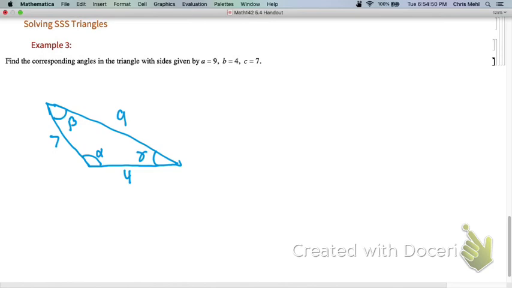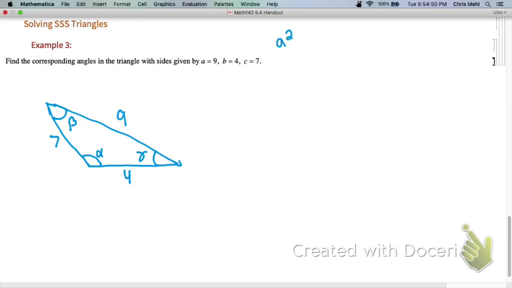Okay, so the formula for cosine of the angle alpha is going to be, well, you know what? I'm just going to start with the law of cosines that involves a squared, because cosine of alpha is in that formula.